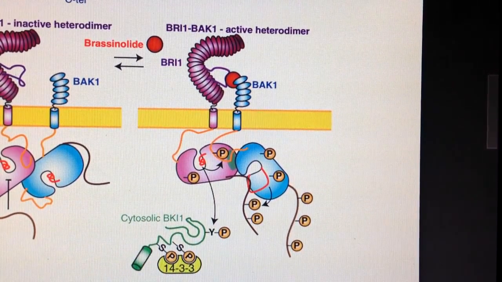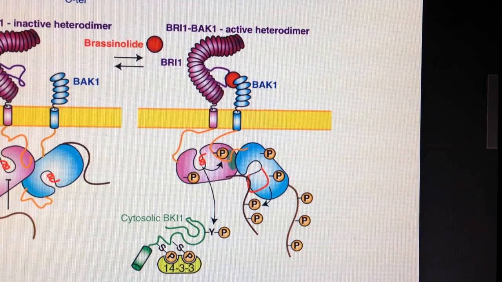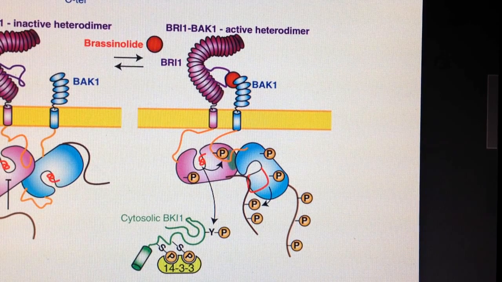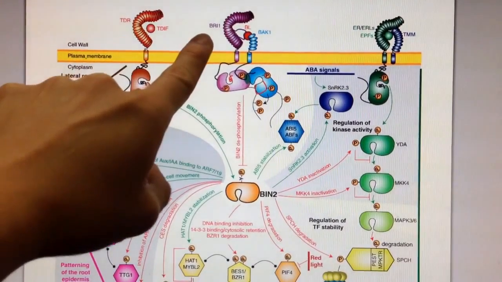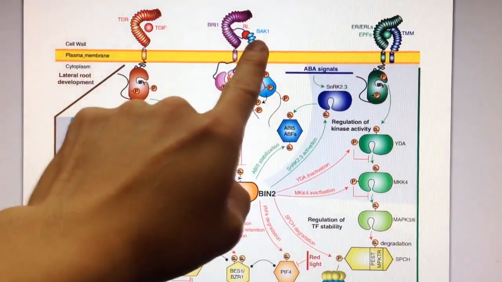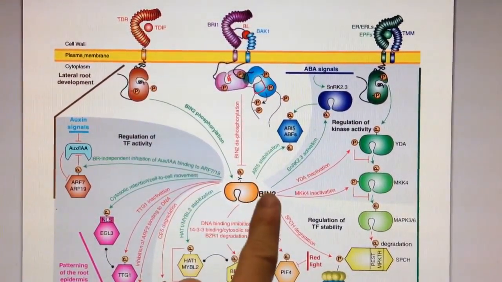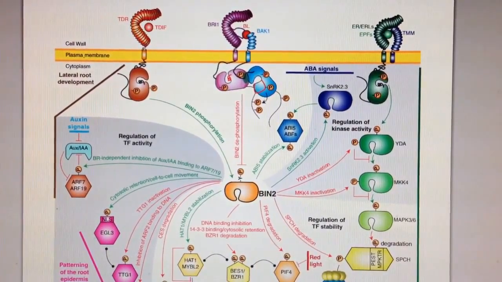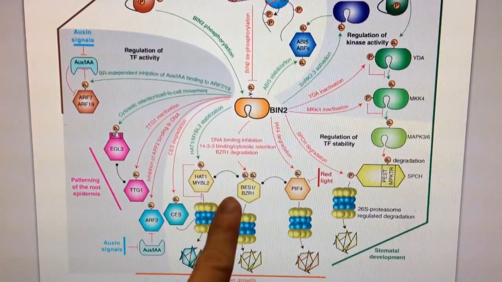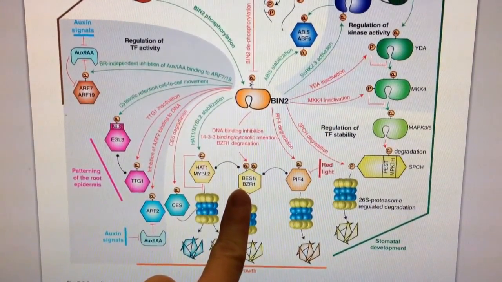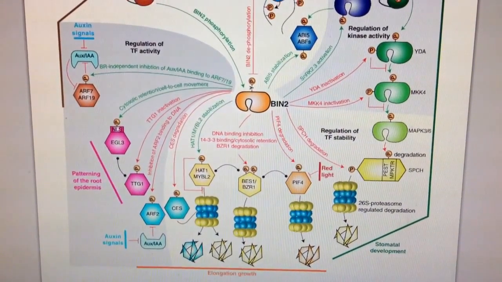Once BR is bound to BRI1, it heterodimerizes with its co-receptor BAK1 and separates from its inhibitor BKI1. This results in the activation of BRI1 kinase activity and the transphosphorylation between the domains of BRI1 and BAK1. Activation of BRI1 or BAK1 then regulates indirectly the function of BIN2 kinase, which directly regulates the phosphorylation and accumulation of the two related transcription factors BZR1 and BES1.